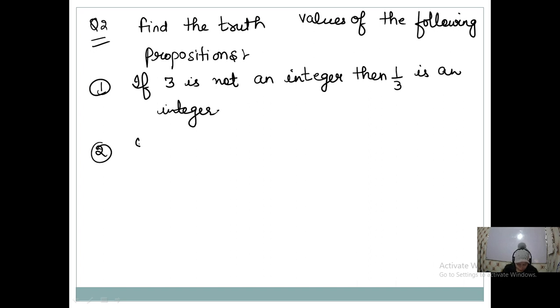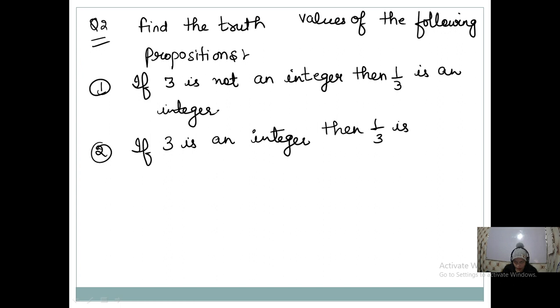Second, if 3 is an integer, then 1 by 3 is an integer.